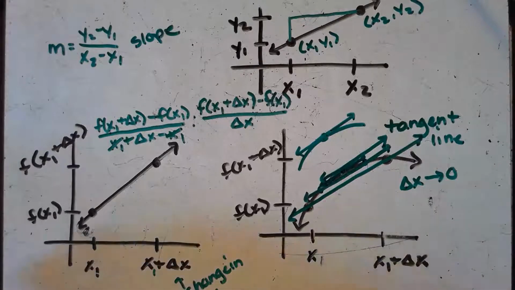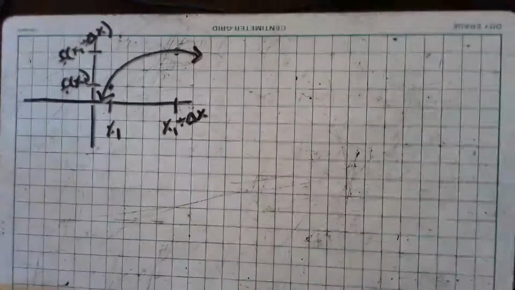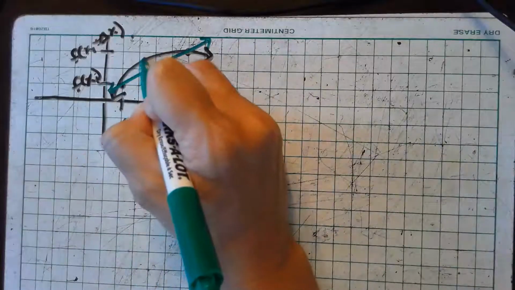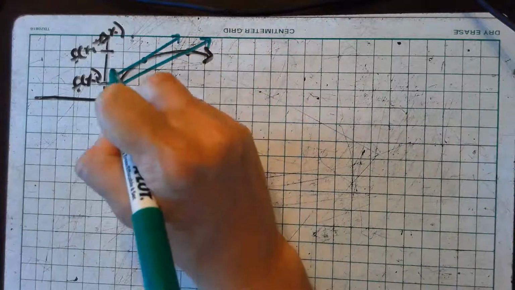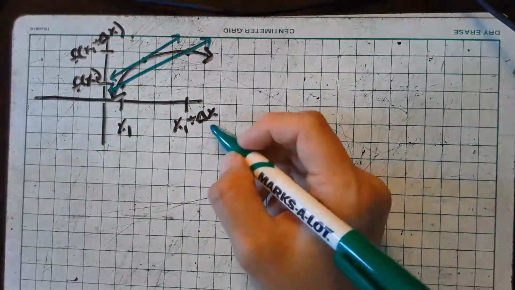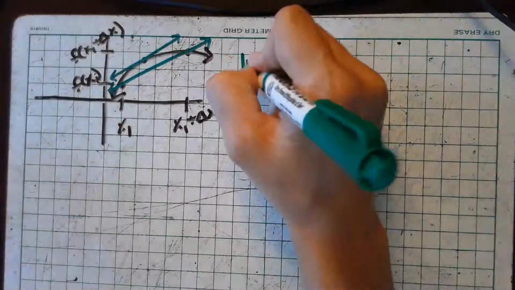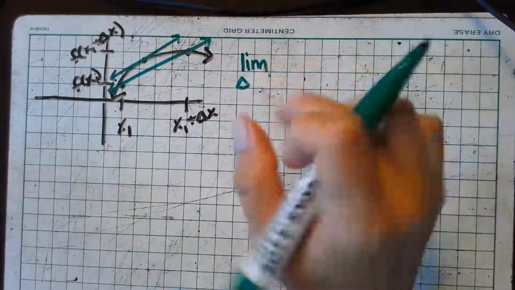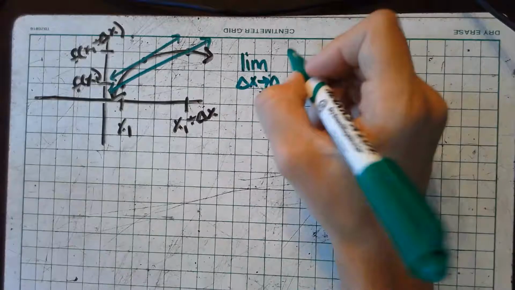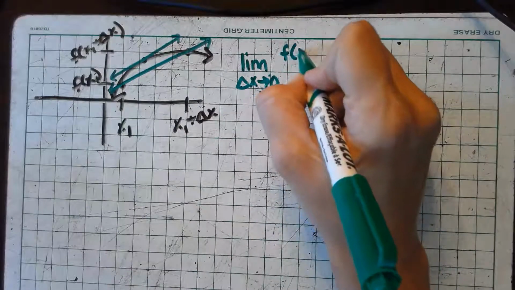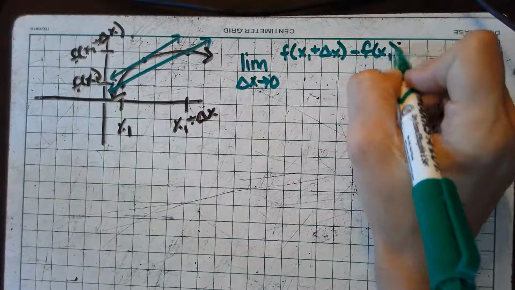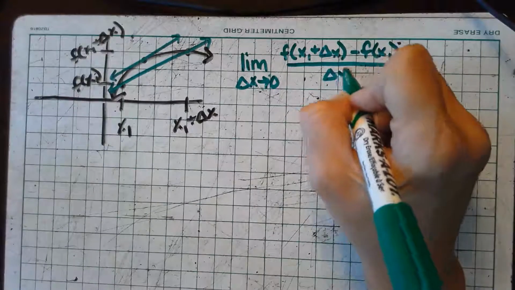Now, how do we do this using calculus? Well, think about our limits. Okay, as delta x went closer and closer to 0, we end up with this tangent line at this point on the graph where delta x goes to 0. Well, that's just the limit as delta x goes to 0 of f of x1 plus delta x minus f of x1 over delta x.